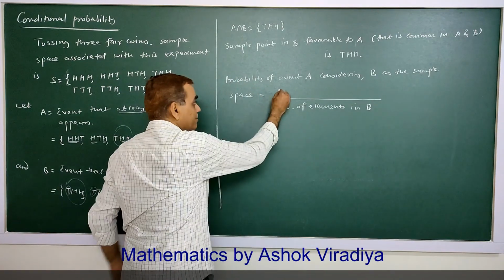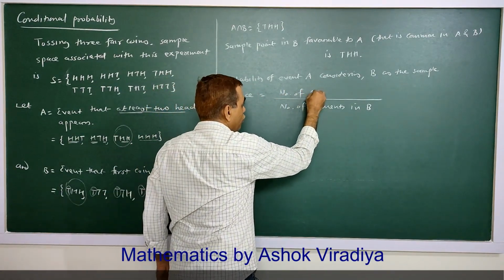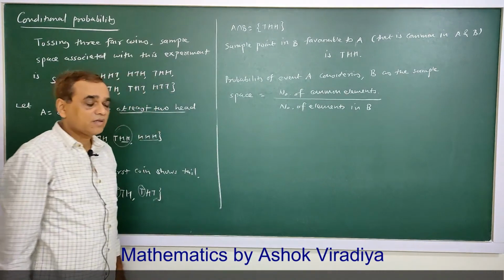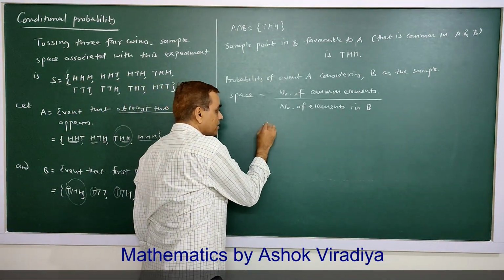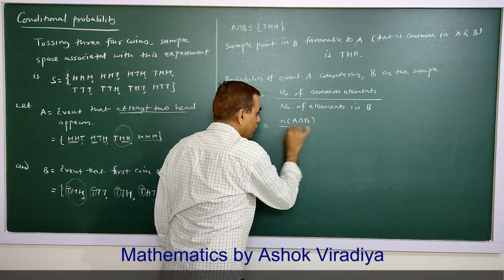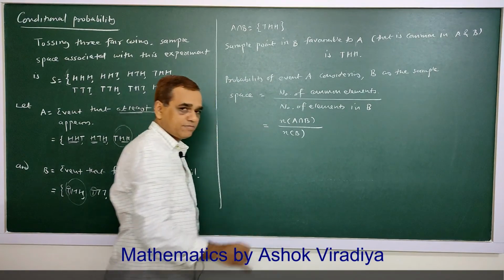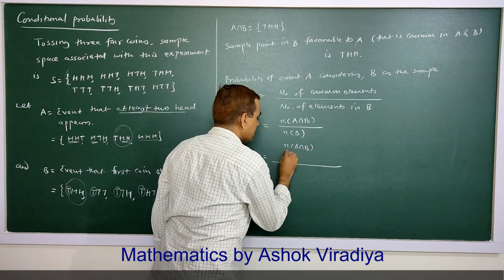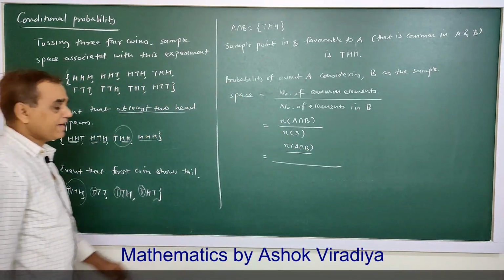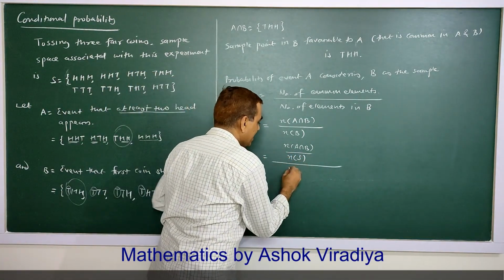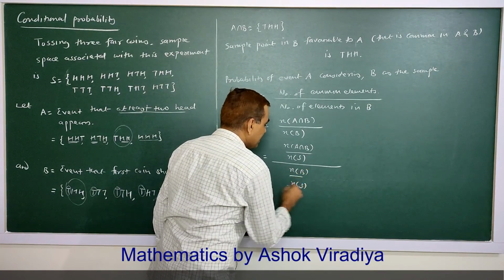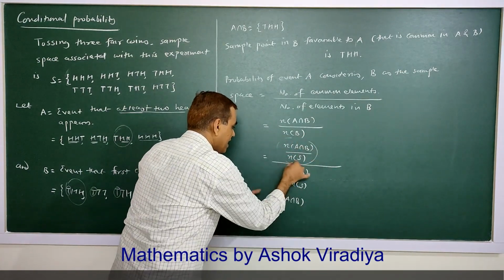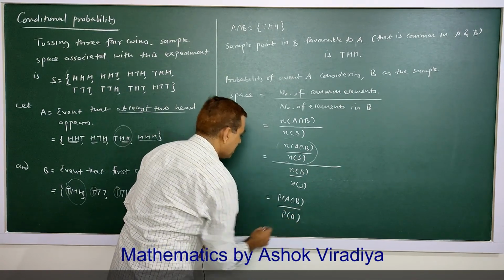So that is the number of elements in the intersection upon the number of elements in B. Now dividing this by the number of elements in sample space S, this is probability of A intersection B, and this is probability of B.